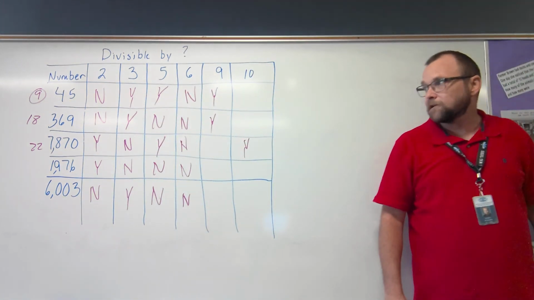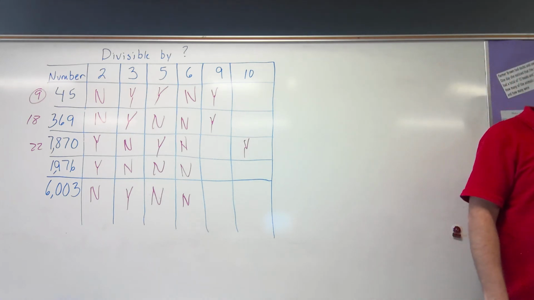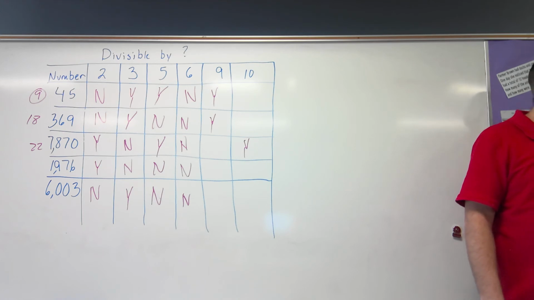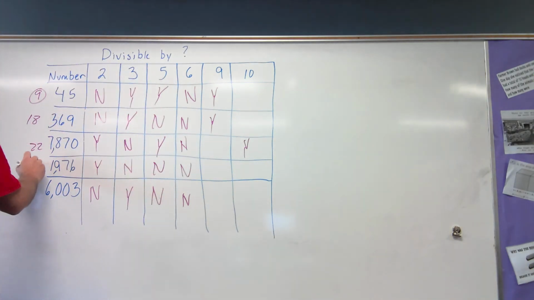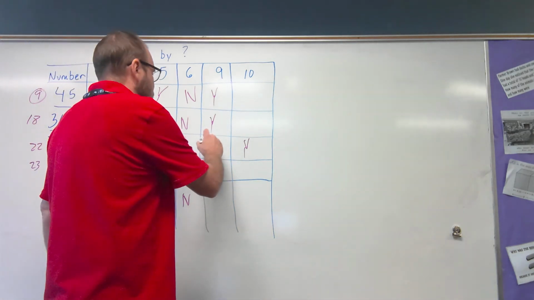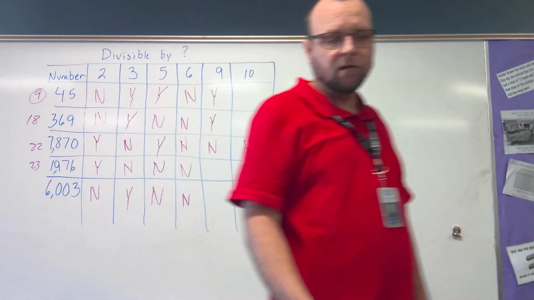Landry, the sum of the digits in 1,976. Okay, 23. Landry, does 9 go into 23 evenly? No. 9, 18, 27, so it's not going to go in there.